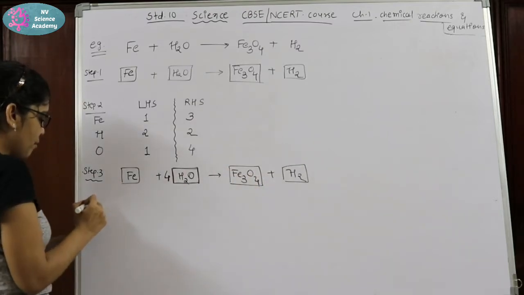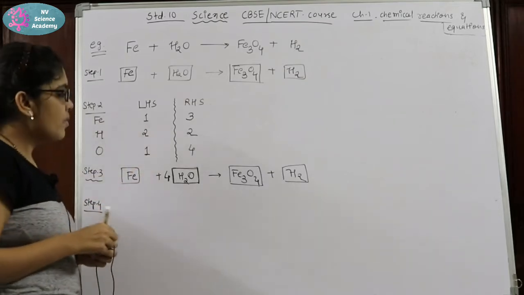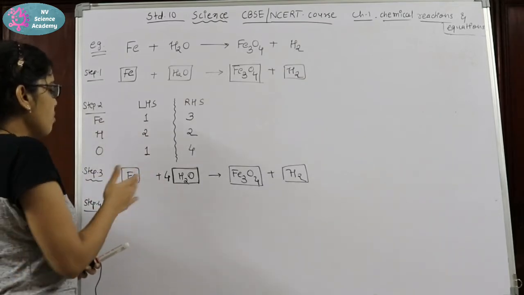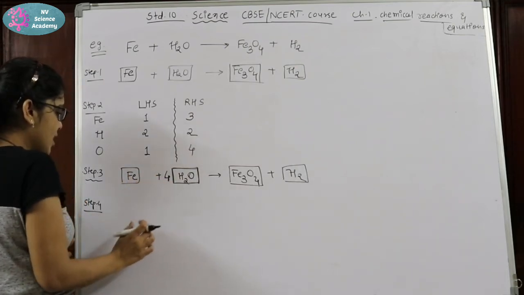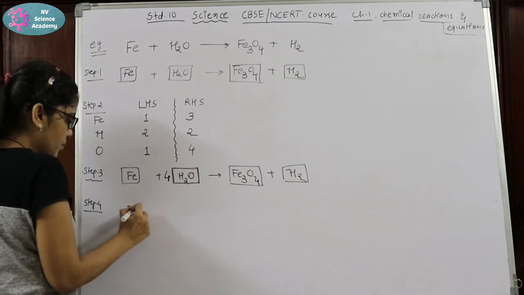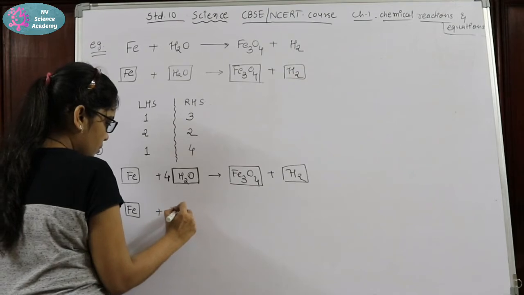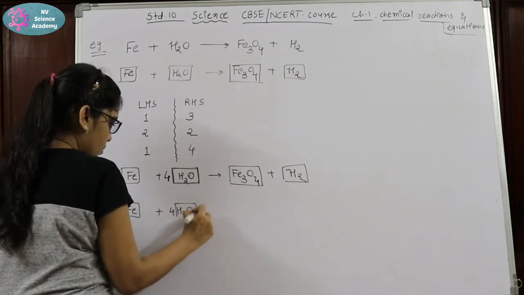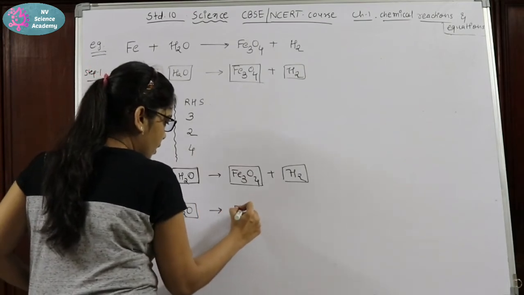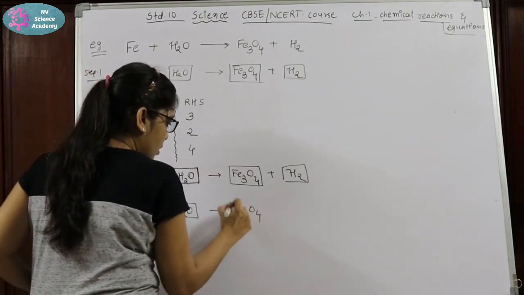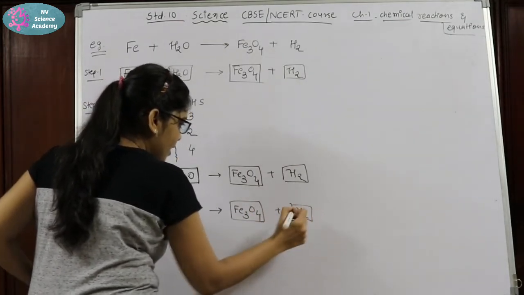Now we will write step 4. Following the above step, we will try to balance the other elements. So write down this same equation in step 4. Now in this step, we will try to balance the Fe atom.